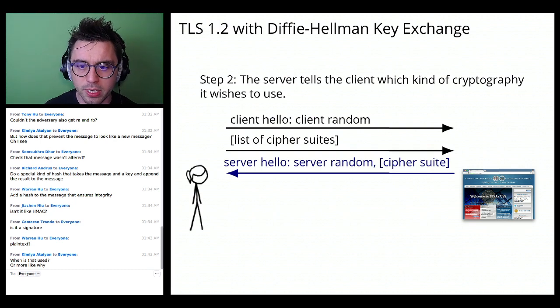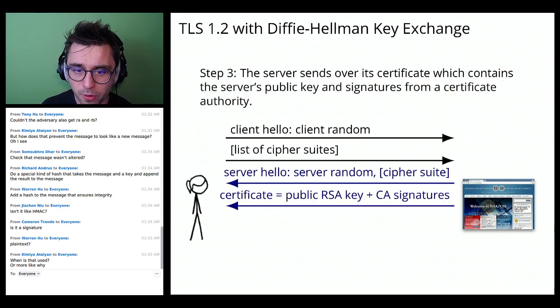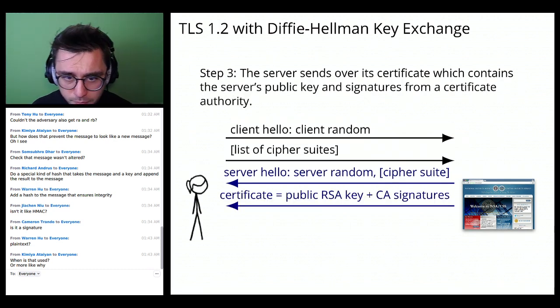Okay, so we're going to tell the server we have this list of cipher suites that we want to use. The server replies back with a server hello, which contains the server randomness. So this is the random nonce, and the cipher suite that Alice and the server are going to use. So this is step 2, the server hello, and then the server sends the public RSA key and any CA signatures that are essentially signing this RSA public key.